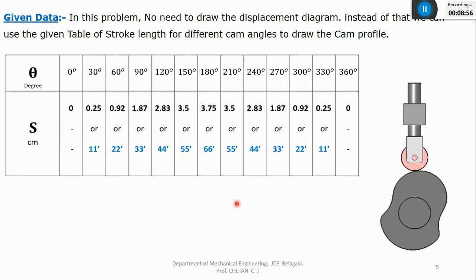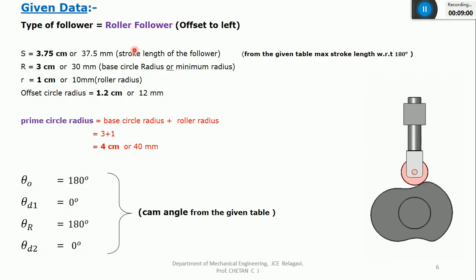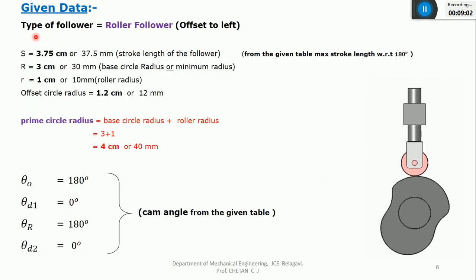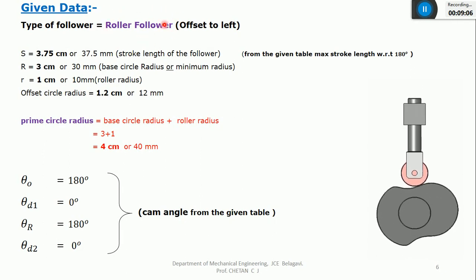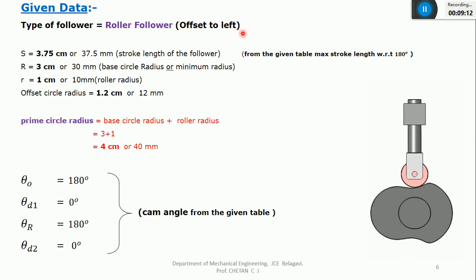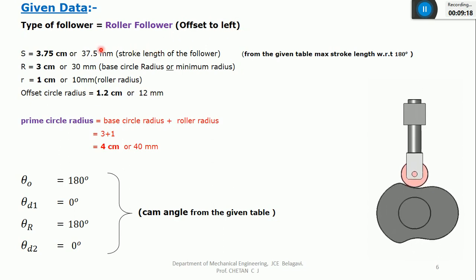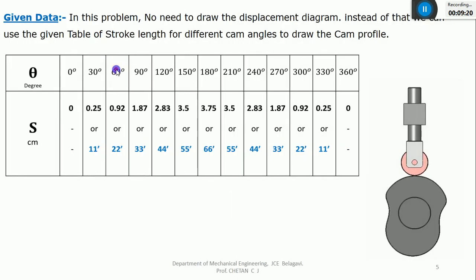And if it is clear, I'll directly go to the one more given data. First, I'll write down the type of follower is a roller follower. It is already given in the problem, and it is offset to the left. I'll write this also: the roller follower is offset towards left. And after that, what about the stroke length?